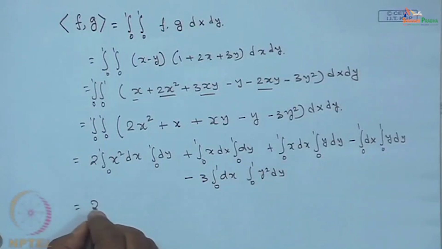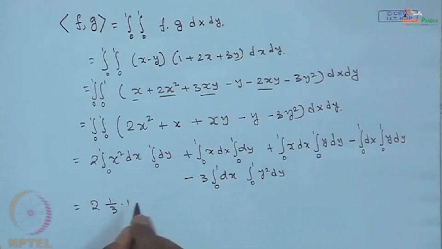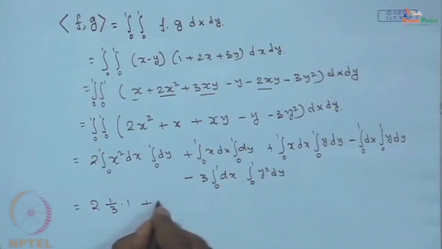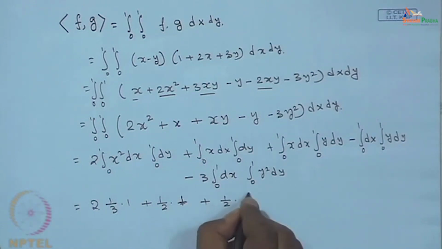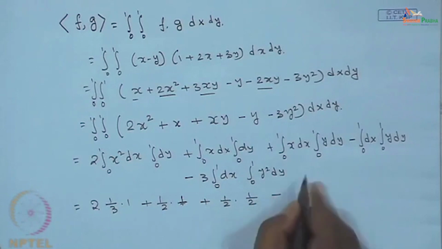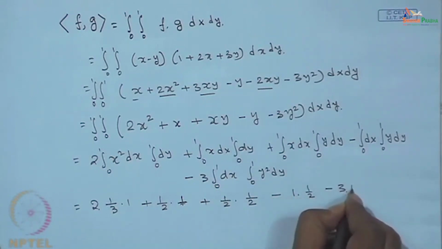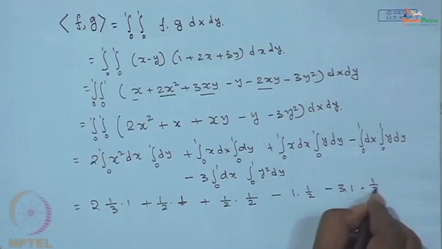So, after carrying out the integration, this will be 2 multiplied into 1 upon 3 into 1, plus 1 upon 2 multiplied by 1, plus 1 upon 2 into 1 upon 2, minus 1 by 2, minus 3 into 1 into 1 upon 3.